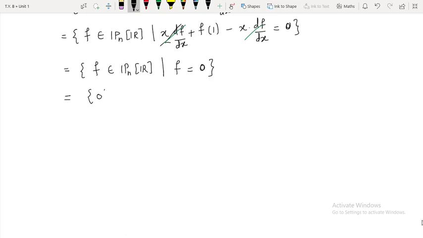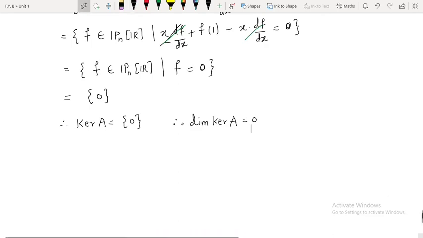So it is the singleton 0. Therefore the kernel of A is equal to the singleton 0, and therefore the dimension of the kernel of A is equal to 0. What is the basis set? You should know it. The basis set is the empty set, and the empty set contains no vectors, 0 vectors. So we have found the kernel of A.